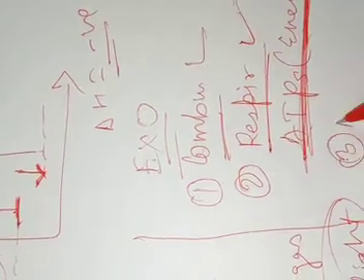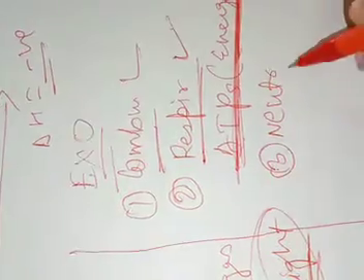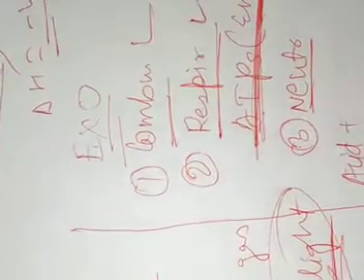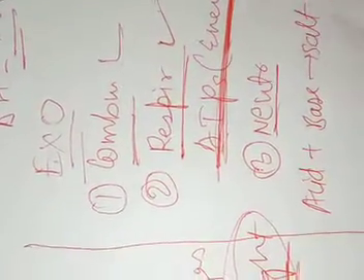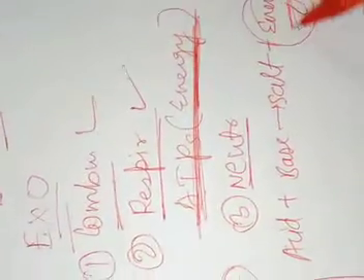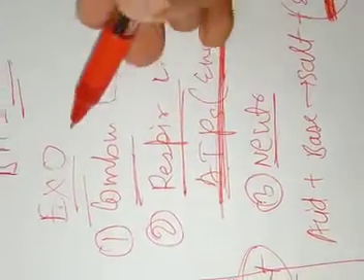Another example is the neutralization reaction, which is also exothermic. Like, acid plus base gives salt plus some energy released. We see here energy is released, so this is an exothermic reaction.